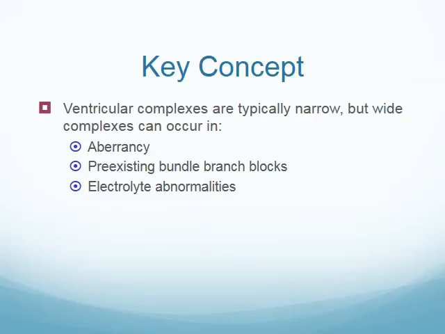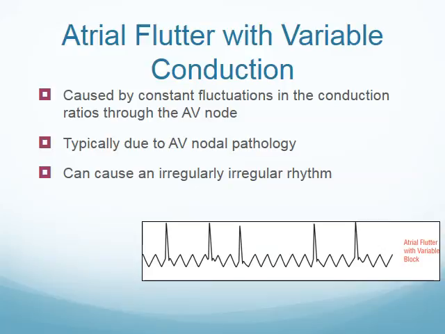Ventricular complexes are typically narrow, but they can be wide in cases of aberrancy, pre-existing bundle branch blocks, or electrolyte abnormalities. You can also have variable conduction with atrial flutter. It's caused by constant fluctuations in the conduction ratio through the AV node, typically due to some type of pathology, and it can cause an extremely irregular rhythm.